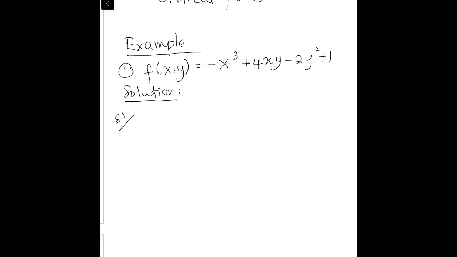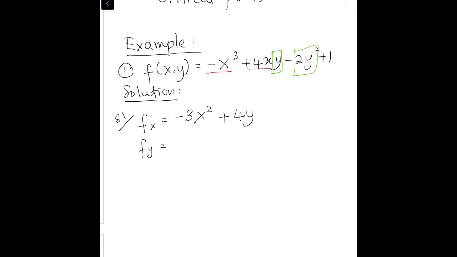So to find critical points, the first step is we have to find fx and fy. For fx, we have minus x cubed plus 4xy in the f function. Differentiate partially, we have minus 3x squared plus 4y. For fy, partial derivative with respect to y, we have 4xy and minus 2y squared in the f function.